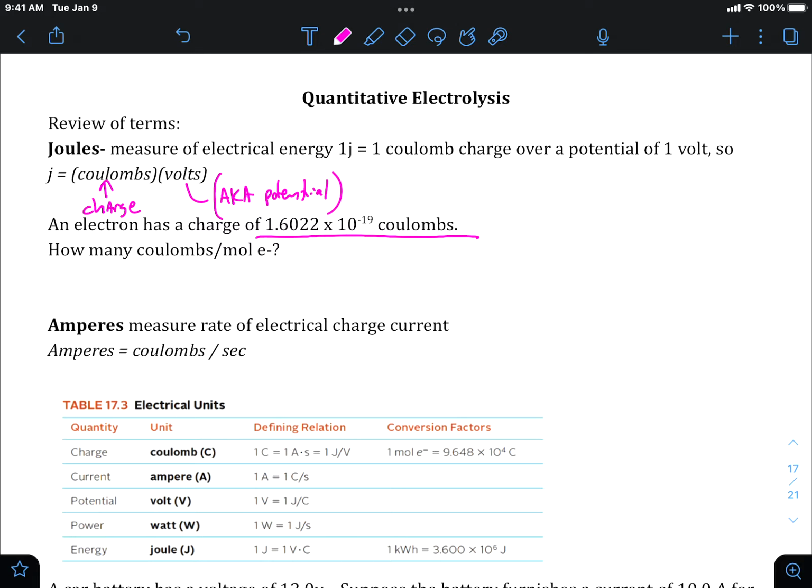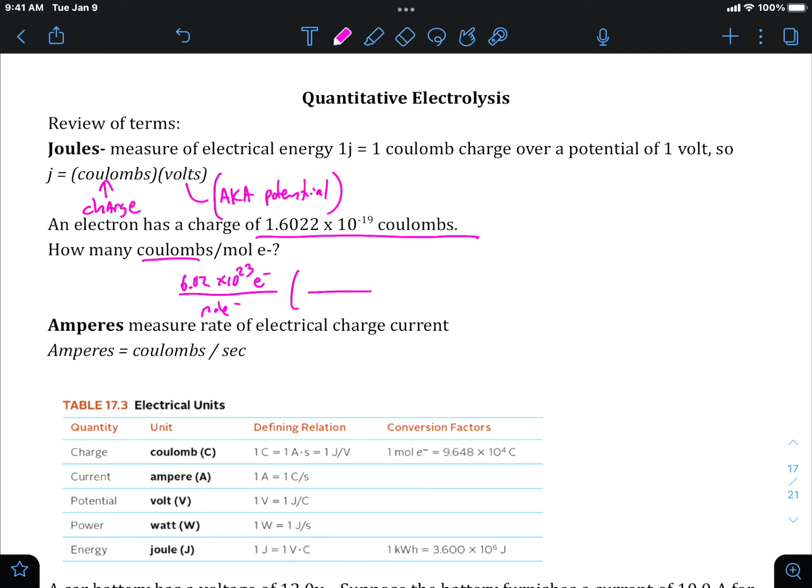So how many coulombs would there be in 1 mole of electrons? All right, so remember, if we're dealing with individual items, we're talking about moles, we should probably bring in Avogadro's number. So they're asking for coulombs. That's what they're asking for. So there are 6.02 times 10 to the 23rd electrons per mole of electrons, right?